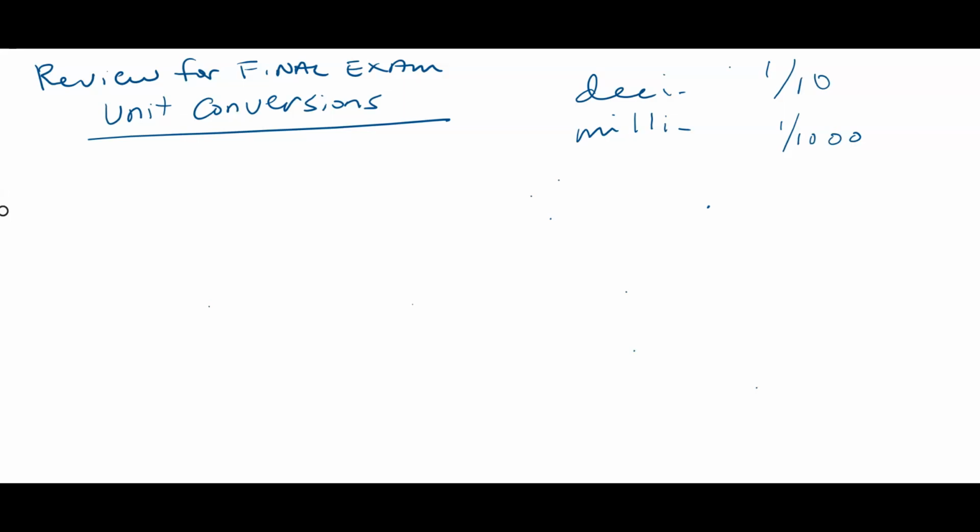All right. And then you're going to have some conversions for temperatures, Celsius to Fahrenheit or Fahrenheit to Celsius. So make sure you have those formulas for the test. So let's do Celsius to Fahrenheit.